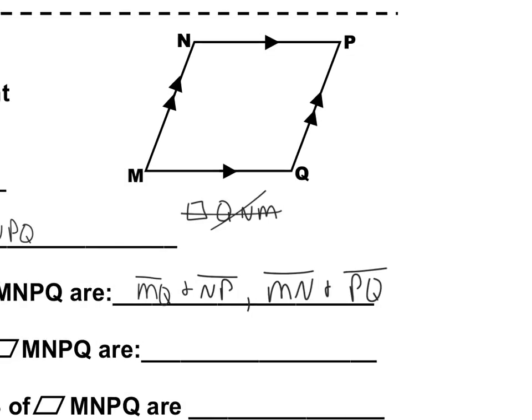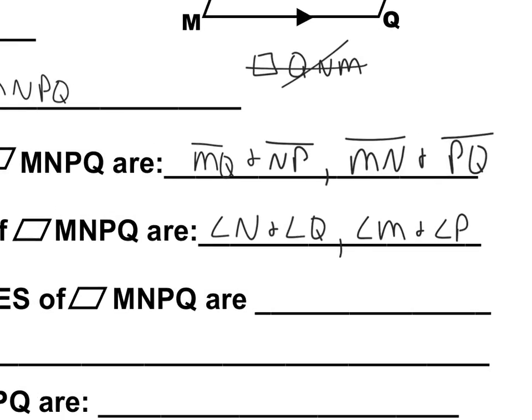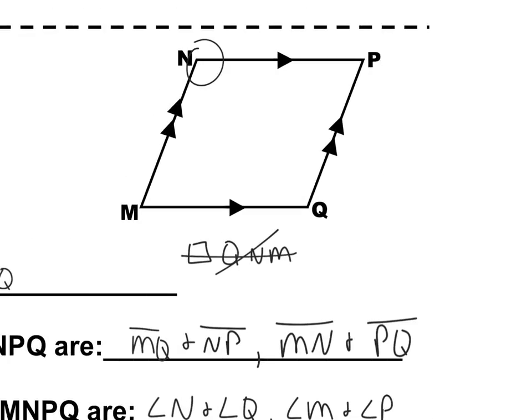Opposite angles, and this is going to be important in just a second. Angle N is opposite angle Q, and angle M is opposite angle P. All right. We also have consecutive angles, and this may be a little bit more tricky. These are angles that follow each other. Like, for example, one set would be angle N and angle P. So these two angles right there, they're consecutive.